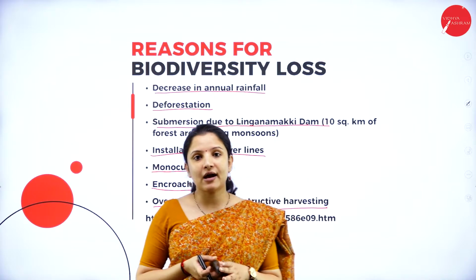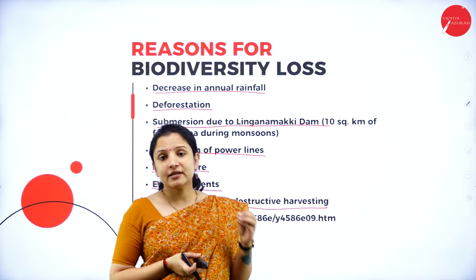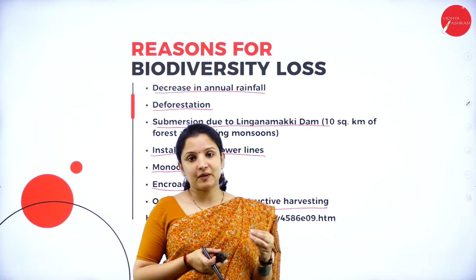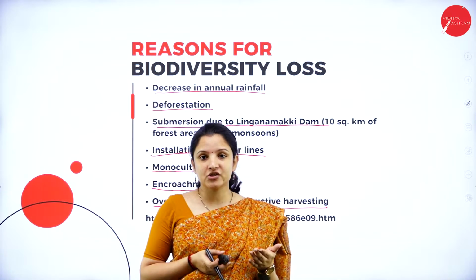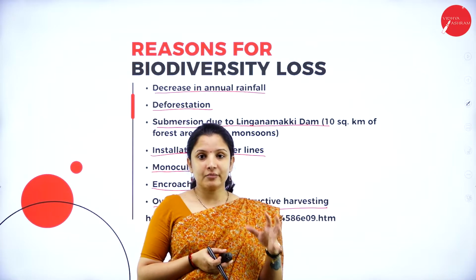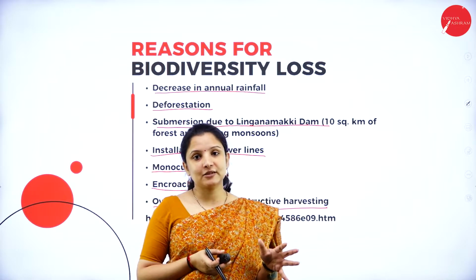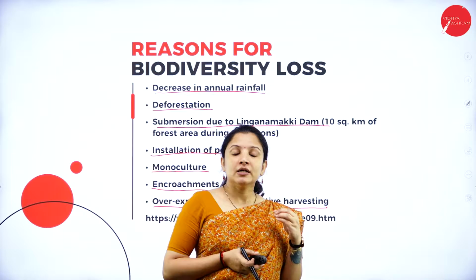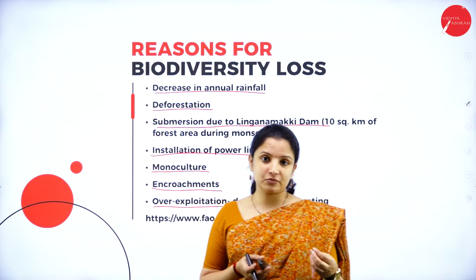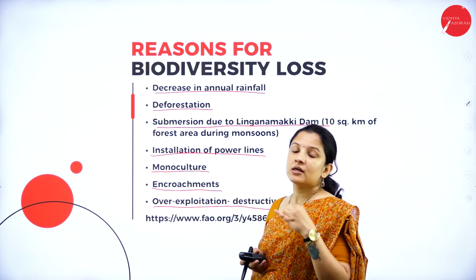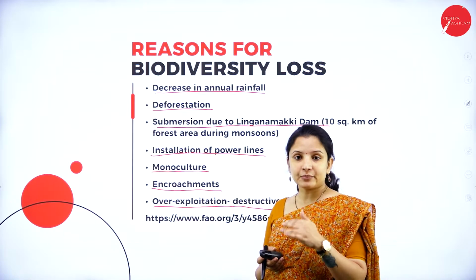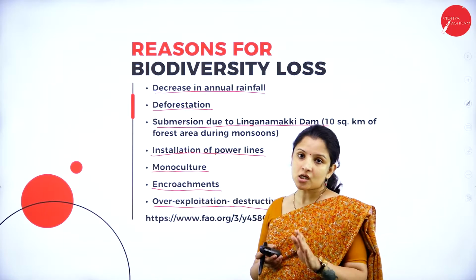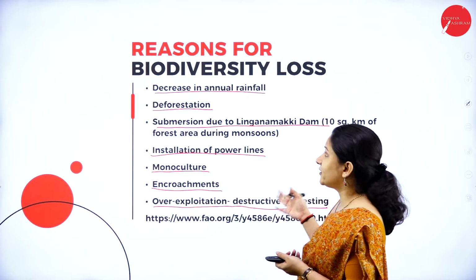With destructive harvesting, they didn't give time for the medicinal plants to grow back and replenish themselves. Once they found a medicinal plant, they would over harvest all of them, leading to deterioration in the population of those medicinal plants, and also the complete extinction of that species in that area.